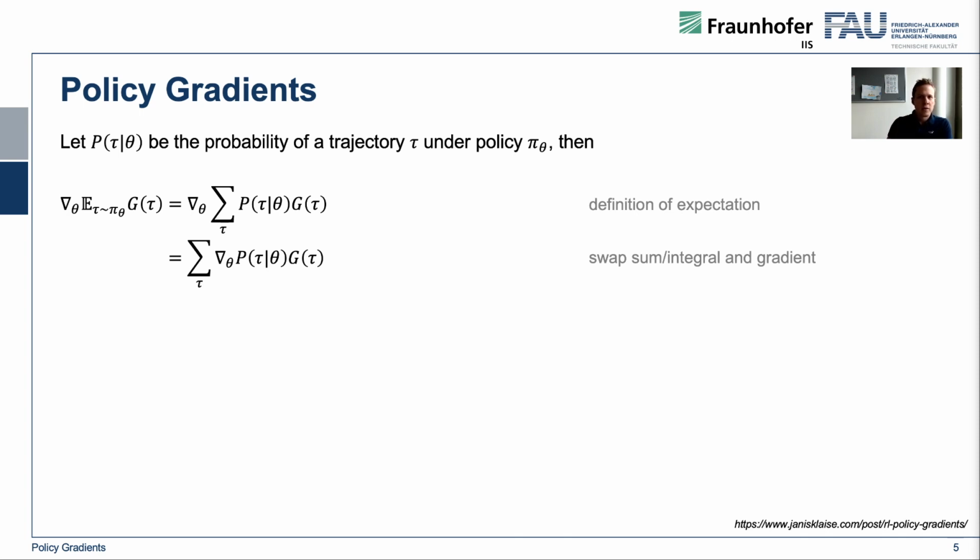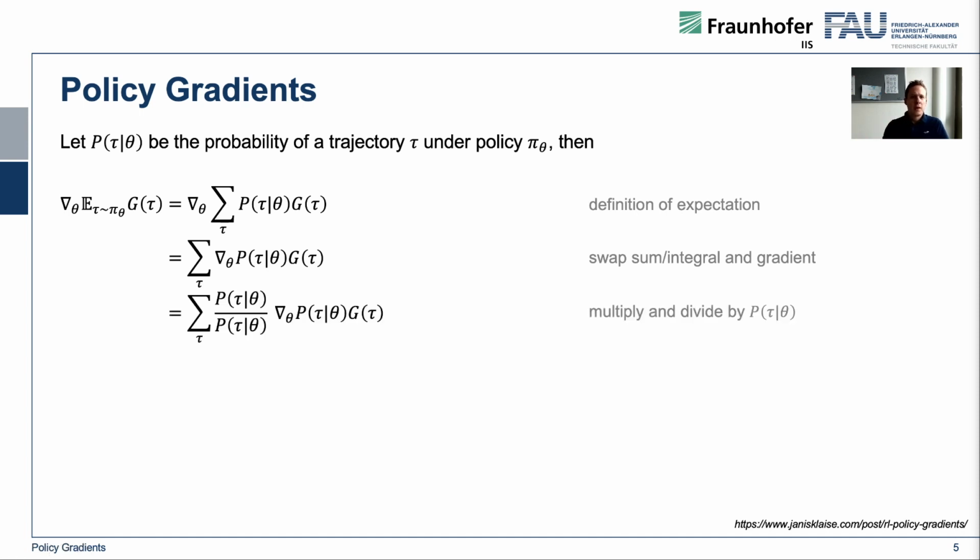So don't worry if you do not really get the intuition after watching the video the first time, but maybe watching it twice or also going through the material and the references in here will help you a little bit capturing the intuition. So what we do here is we simply swap the gradient and the sum, which is something that you can easily do.